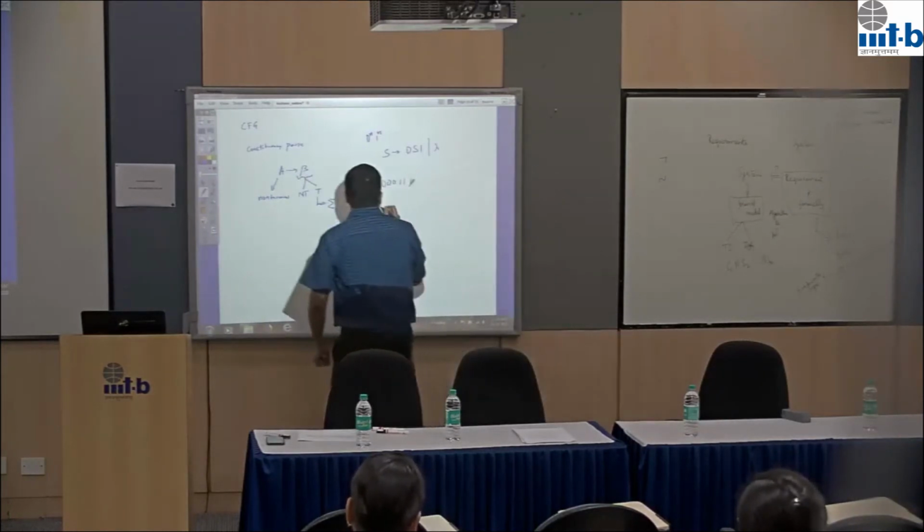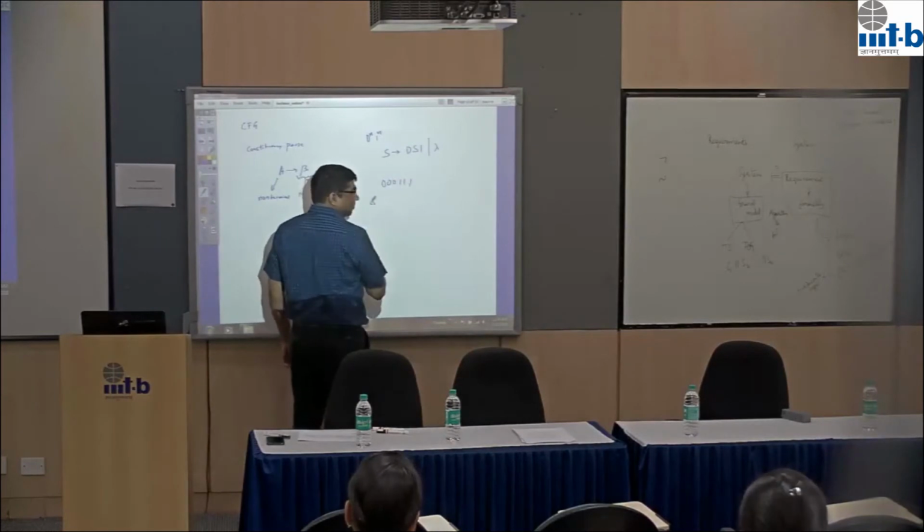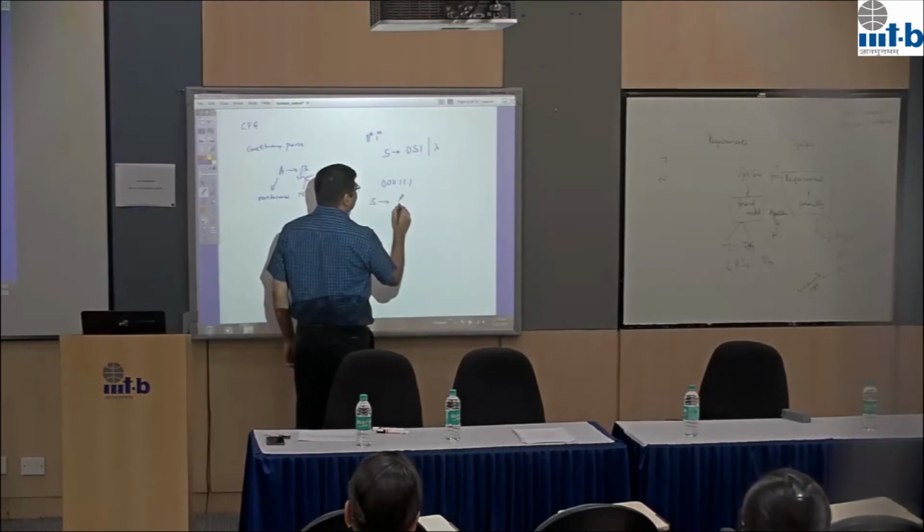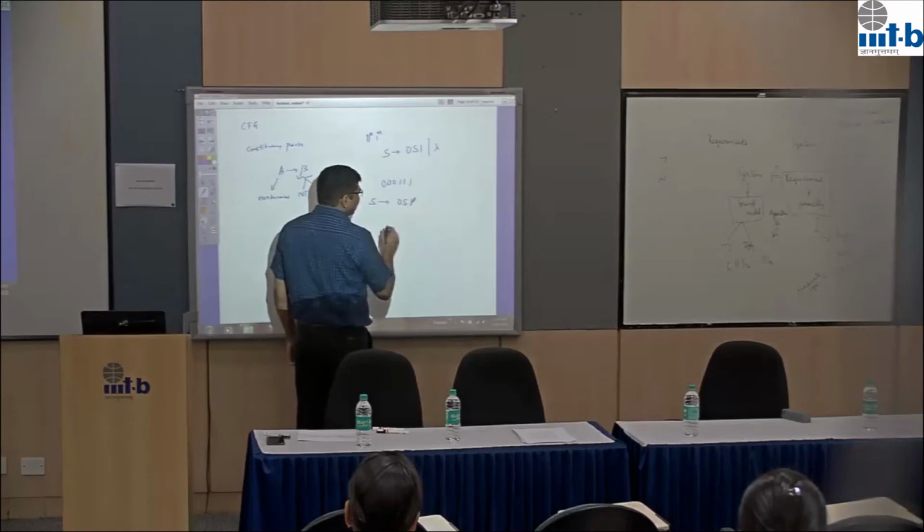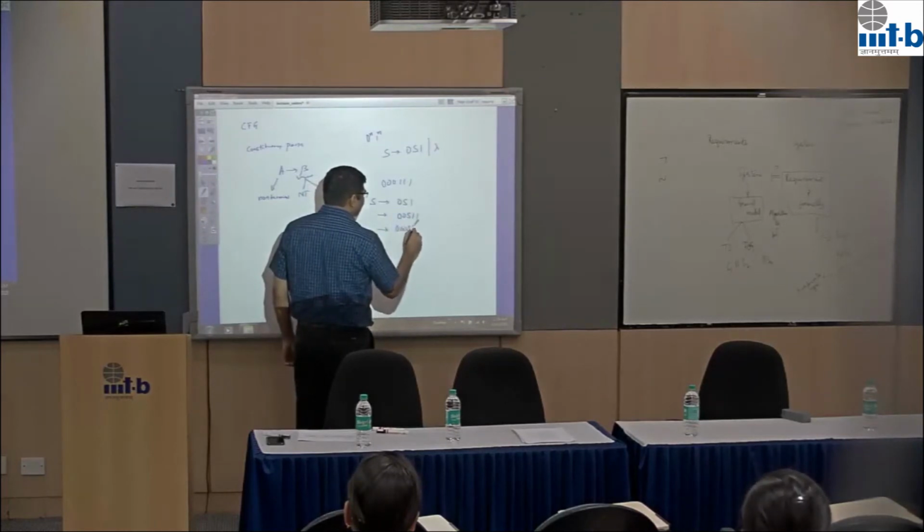So how do you get that? You start from the start symbol and produce 0S1, and this in turn produces the next level, and this in turn produces 0 0 0, lambda, which is the null, and 1 1 1.